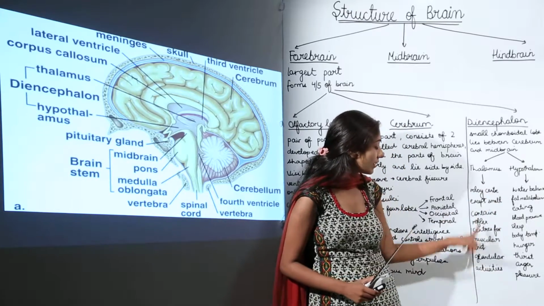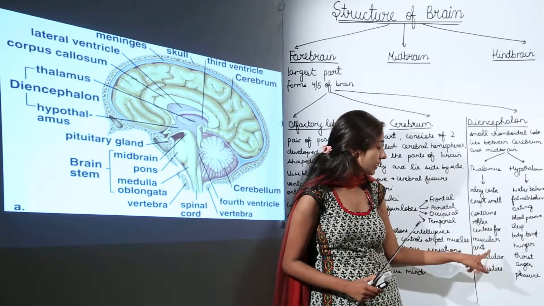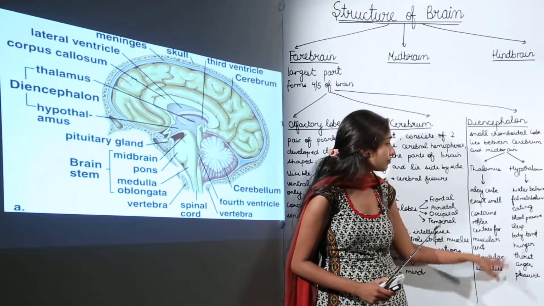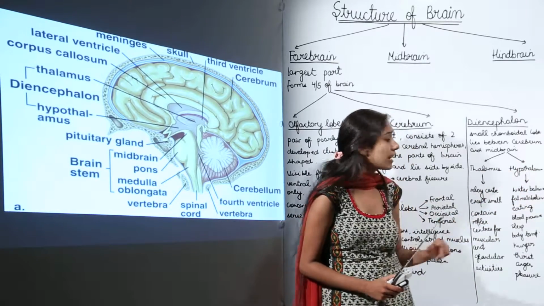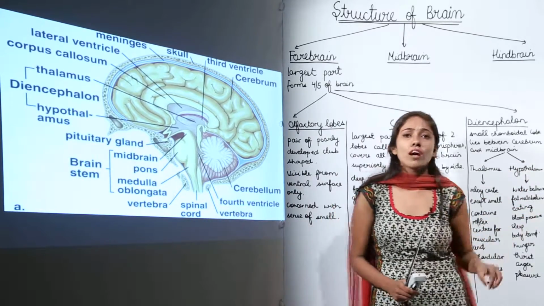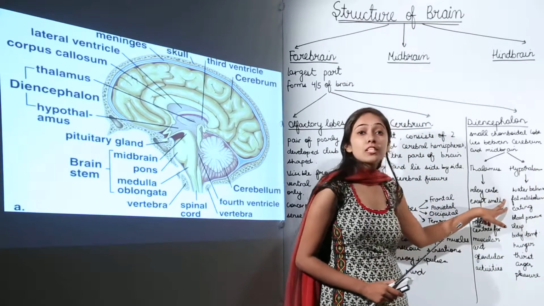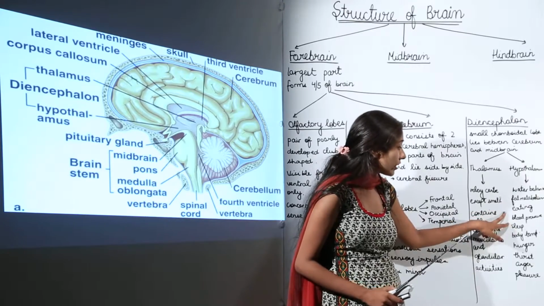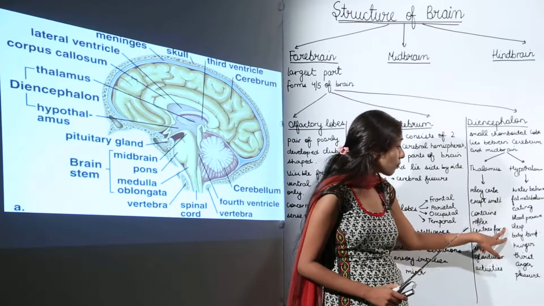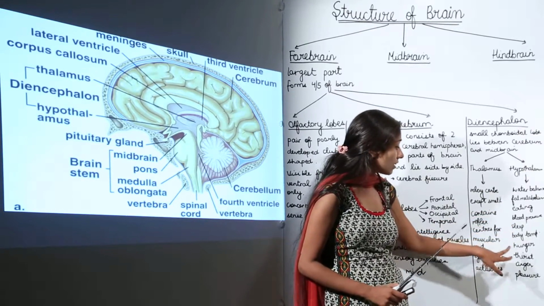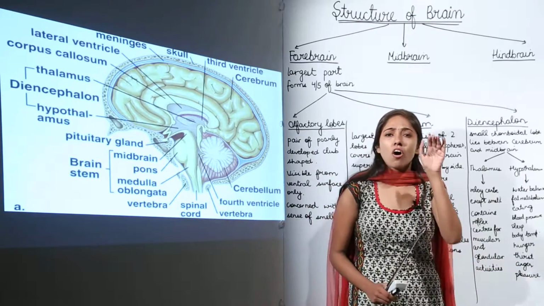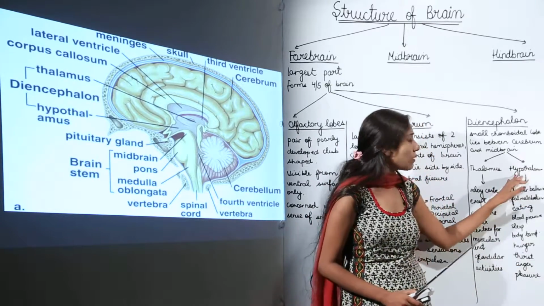If we talk about hypothalamus, the main functions are that it maintains water balance, fat metabolism, eating, blood pressure, sleep, body temperature, hunger, thirst, anger and pleasure. All these activities are controlled by the hypothalamus.